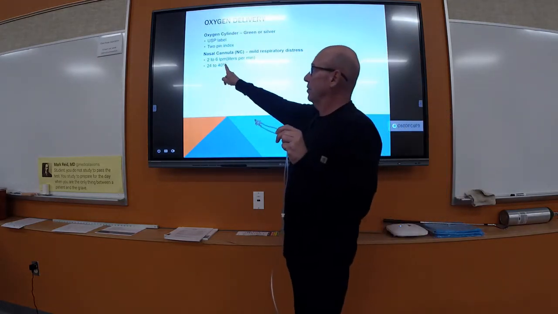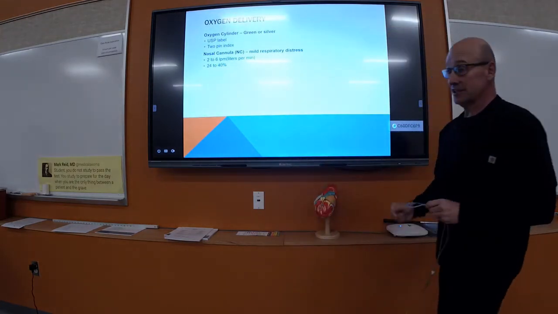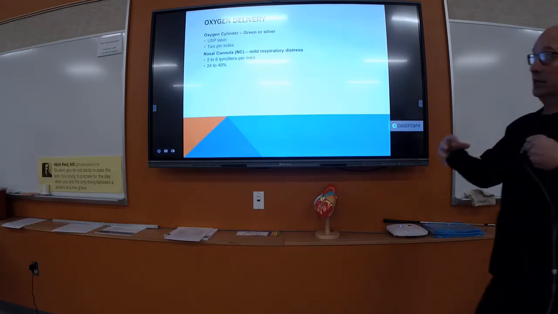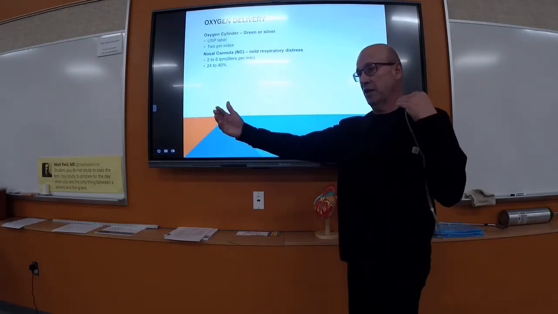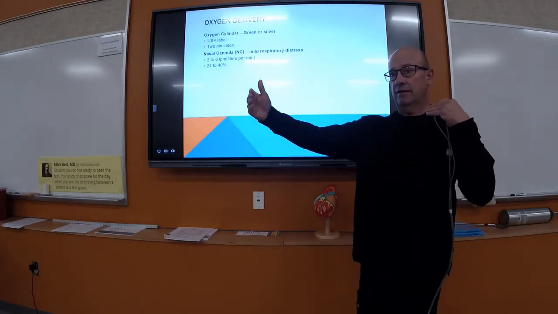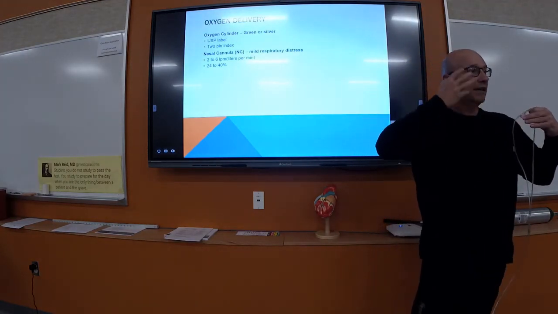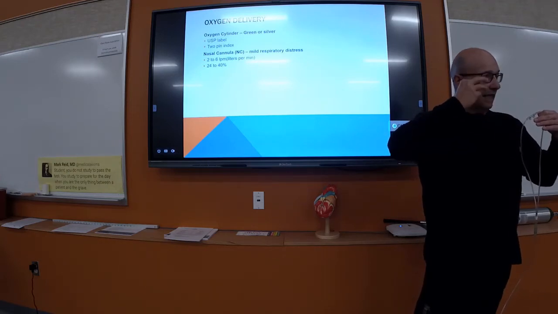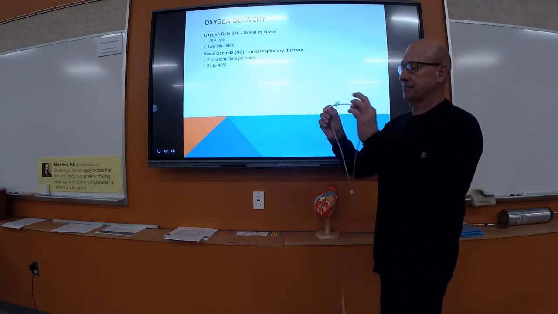But the books do say 2 to 6 liters per minute. It increases the FiO2 from 21% on room air to 24 to 40%, somewhere in there. There's such a big variety of percent because you're breathing in mixed gases. So you're breathing in carbon dioxide, so you mix these gases together.